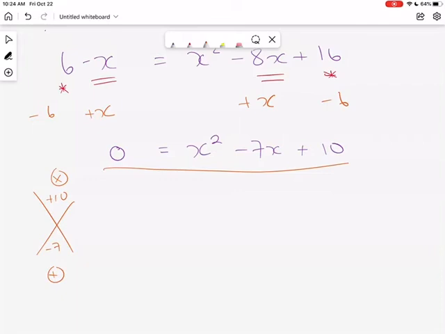I think that's pretty easy. We know what those numbers are. 2 and 5 would make sense for this one. Both of them have to be negative in order for this to work. So that means that I'm going to have 0 equals x minus 2 times x minus 5.